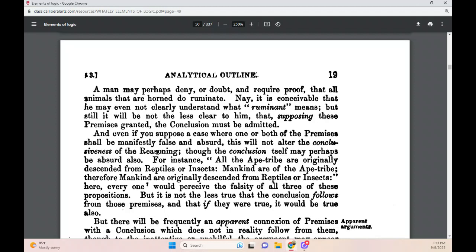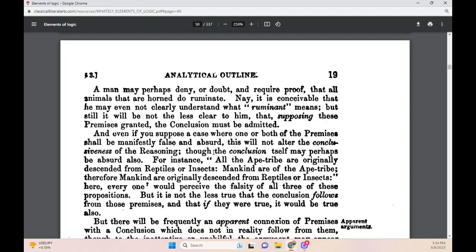In other words, the conclusion does follow necessarily from those premises, though the conclusion itself may perhaps be absurd also. We're not talking about the truth of the conclusion. We're talking about the conclusiveness or the reasonableness of the conclusion.